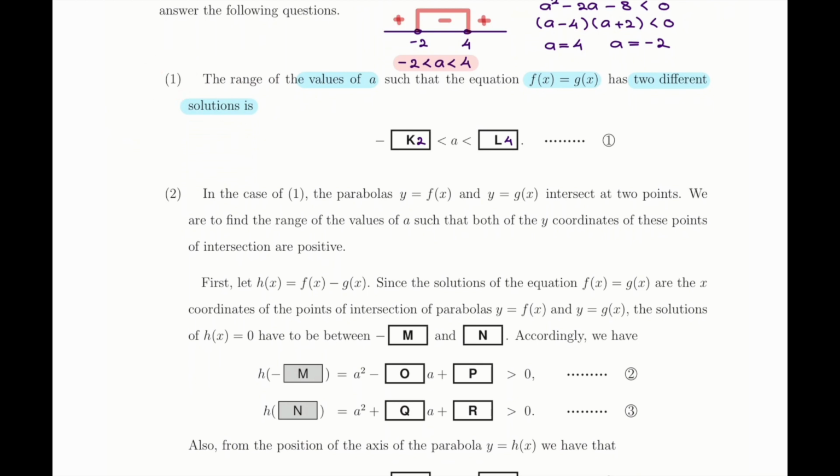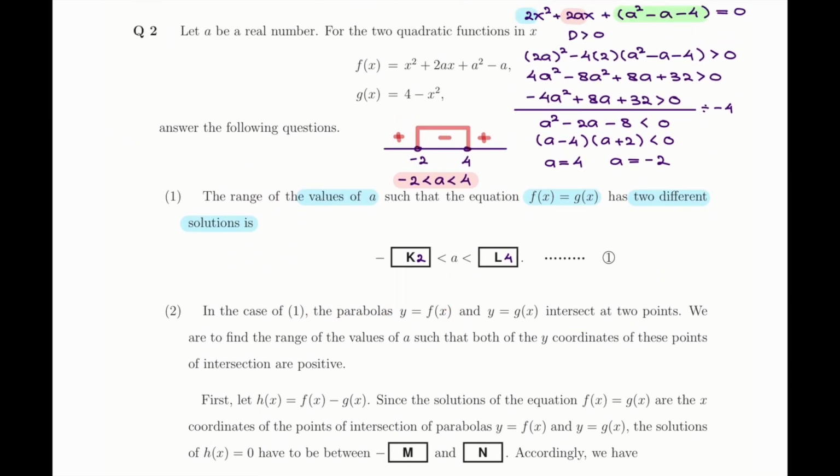And then in the case of 1, the parabolas y equals f of x, of course, f of x is a parabola since this is a quadratic equation, and g of x, of course, g of x is also a parabola because this is a quadratic equation, intersect at 2 points.